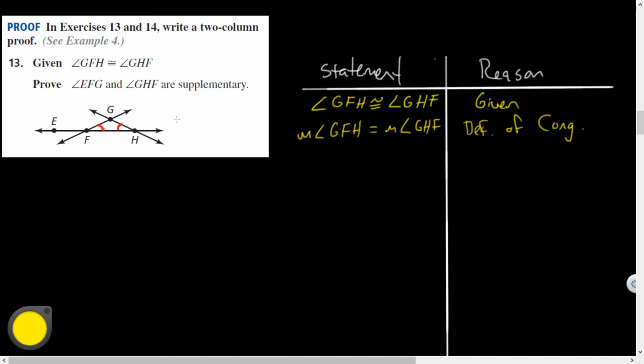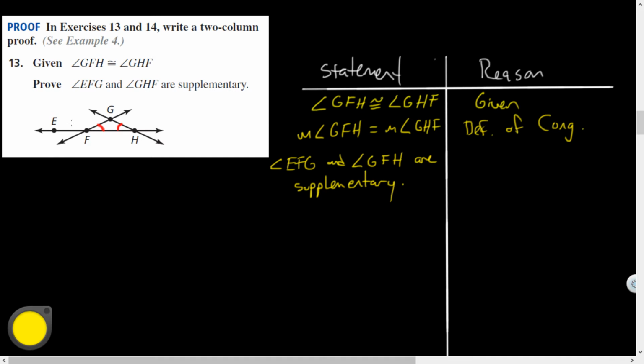Here's a claim that I'm pulling from the diagram that wasn't listed as given. I'm going to say that angle EFG and angle GFH are supplementary.